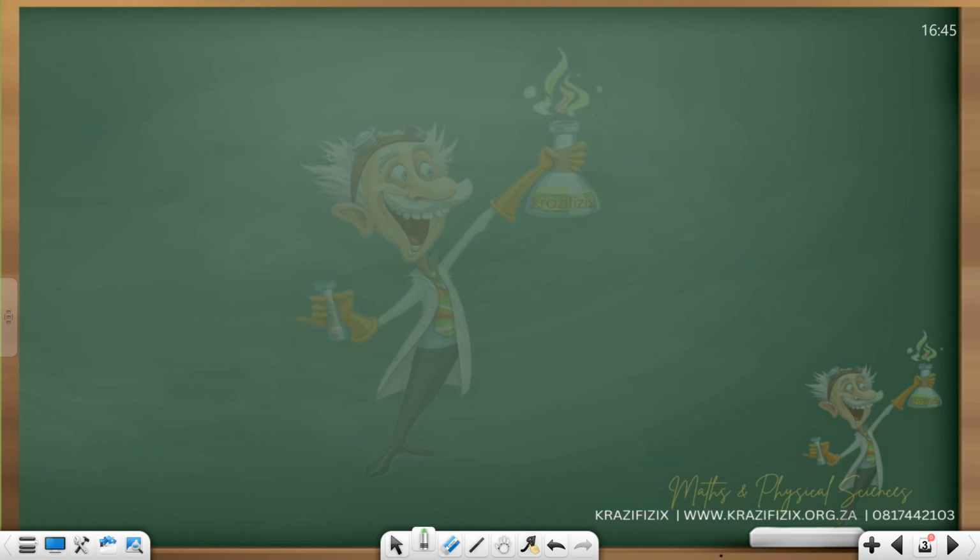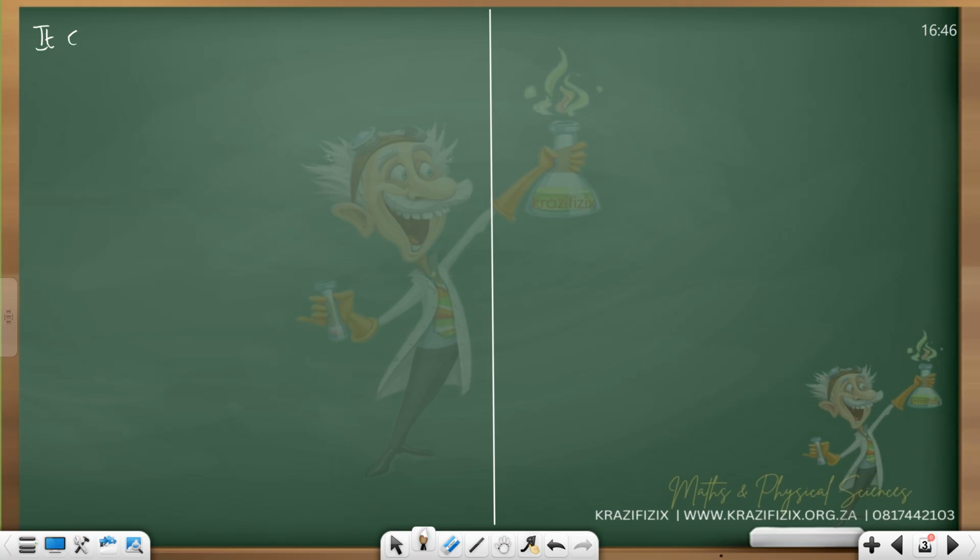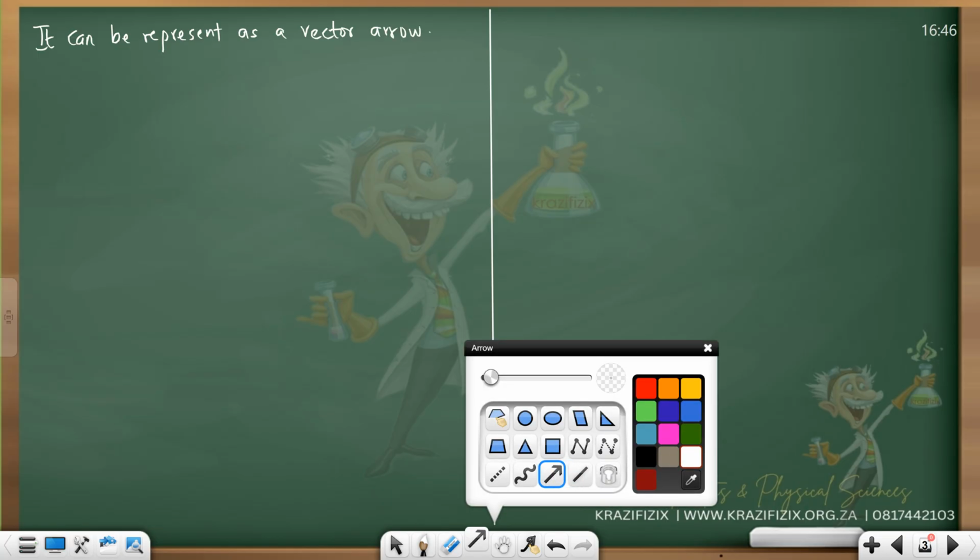All right, since momentum, we're going back to grade 11 now, or grade 10. Since momentum is a vector quantity, it can be represented as a vector arrow. What do I mean by a vector arrow?